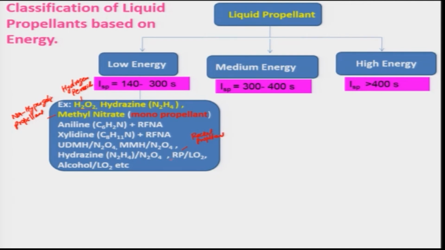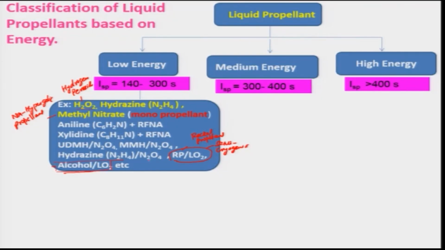And keep in mind, this is a propellant which is known as semi cryogenic propellant, because liquid oxygen has to be cooled such that it remains in the liquid state at ambient temperature. And alcohol and liquid oxygen is also semi cryogenic.